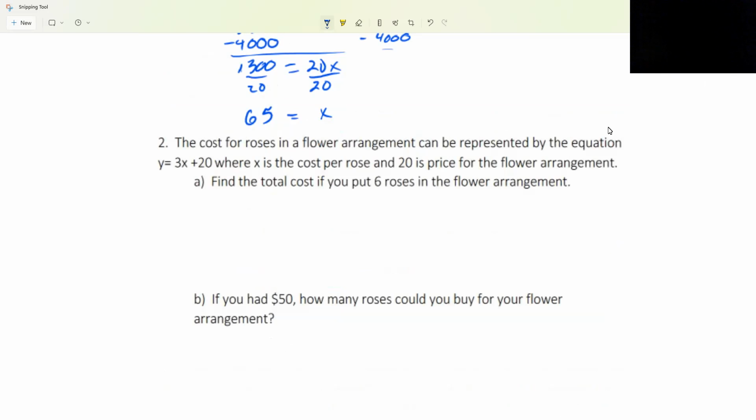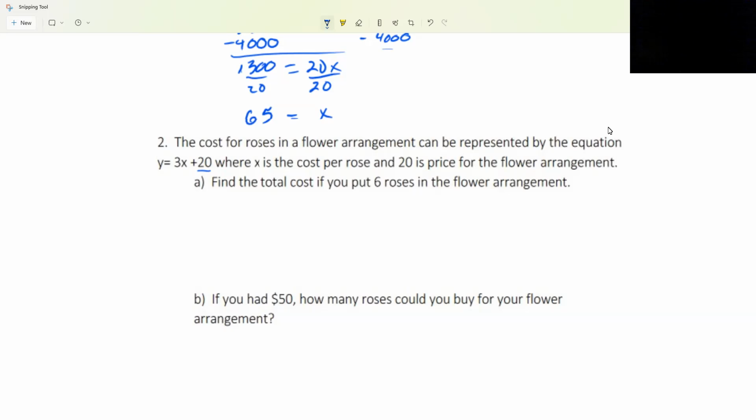This is probably a little bit more than you really need to know, but 20 is what they call a fixed cost. So if you don't buy any roses, the arrangement's going to cost you $20. But if you buy roses, then that price is going to go up, and it's going to go up $3 per rose.